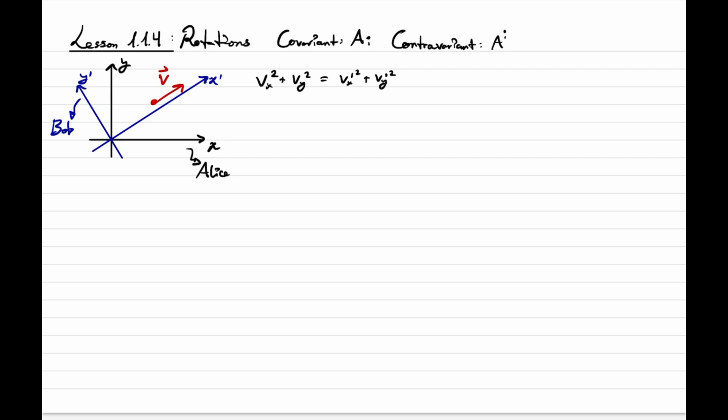So from this equality, we can think about a general rule of transformation between the x, y, and the x prime, y prime coordinates. So we want a translation between Alice's reference frame and Bob's reference frame. We can see that the most general transformation is simply this one with cosines and sines.